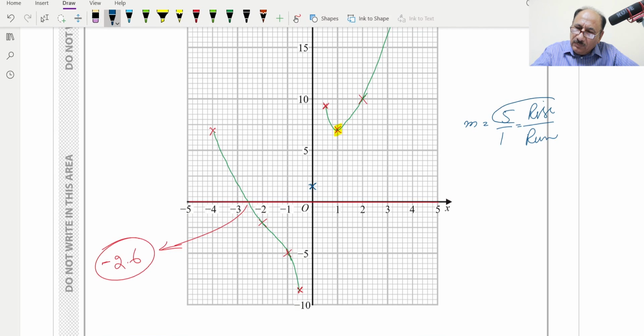So rise will be 5 and run will be 1. From here we will be moving up 5 units up, which will be over here, and then run will be 1 unit. So that will be like this one over this point. So this will be basically the point.